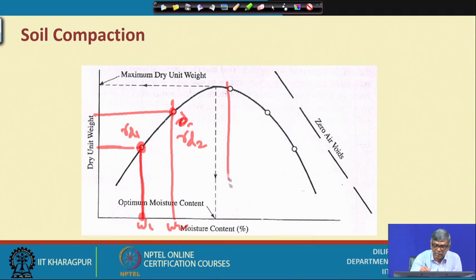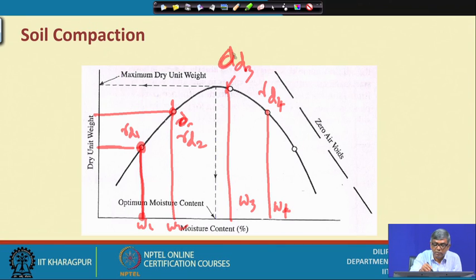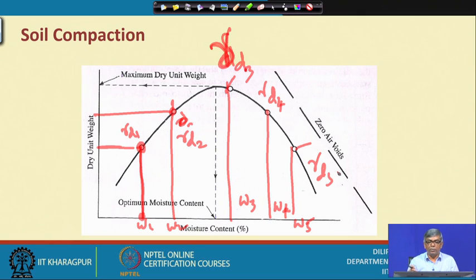Similarly, at W3 we get gamma d3, at W4 we get gamma d4, and this is W5 and this is gamma d5. Like that we get a curve.